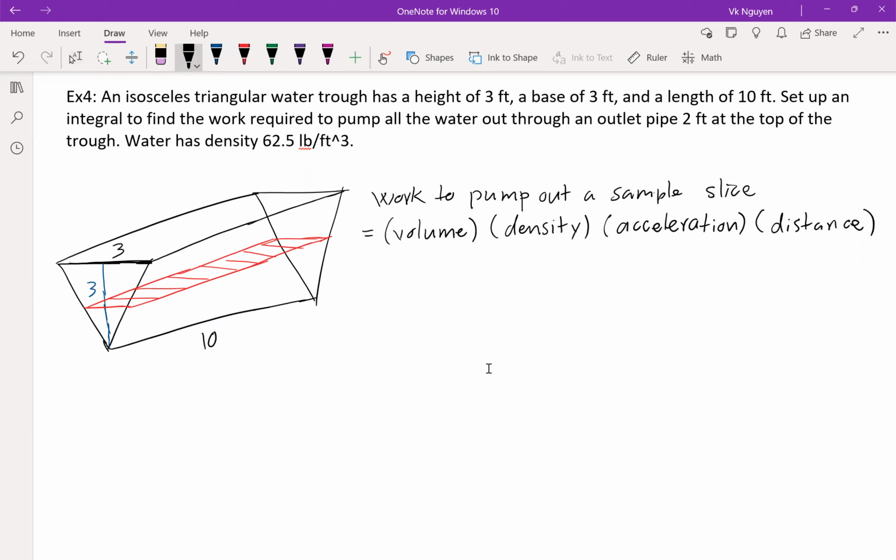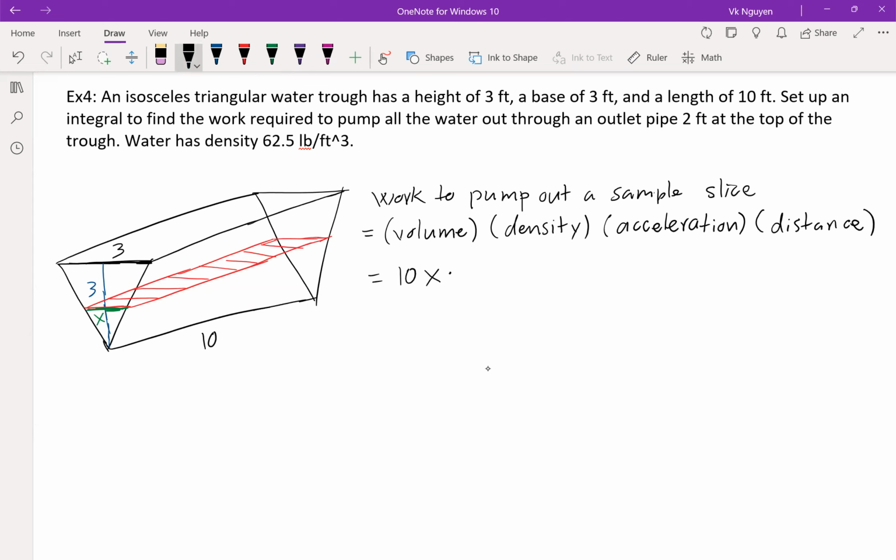Let's take a look at the volume here. The volume of the sample slice is the base area times thickness. The base area is the length times width. We know the length is 10, but we don't know the width. That is x here, and we need to figure out that x. So 10x.